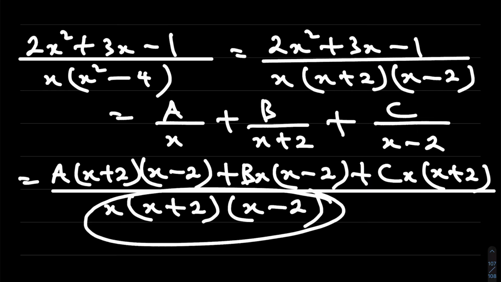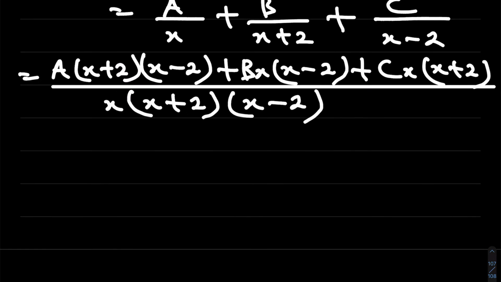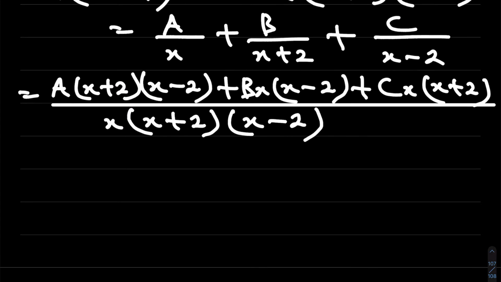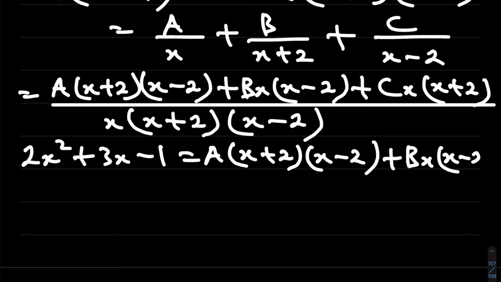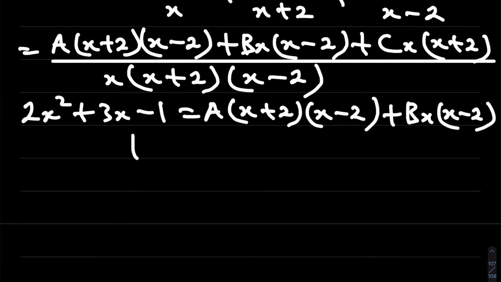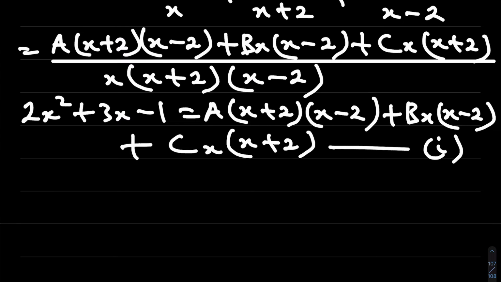So, I'm just going to write 2x squared plus 3x minus 1 is equivalent to A times x plus 2 times x minus 2 plus Bx times x minus 2 plus Cx times x plus 2. Let me call that equation 1.